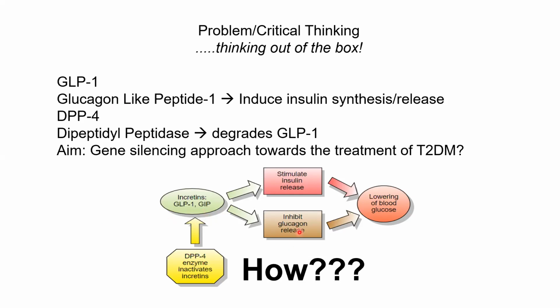So for the moment, we can just ignore this. They stimulate insulin release so that the glucose concentrations are lowered in the blood. But these enzymes have a function which is anti-GLP-1. So it's a continuous chain.